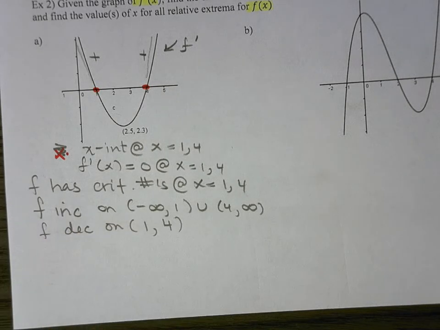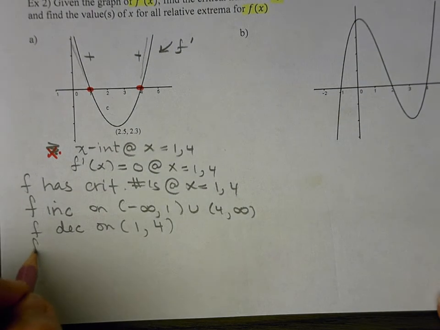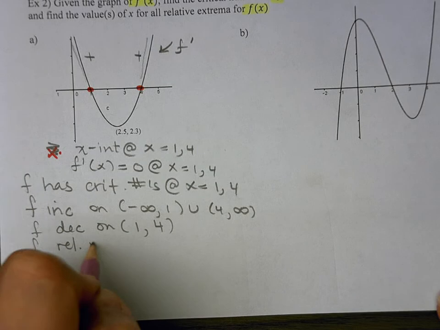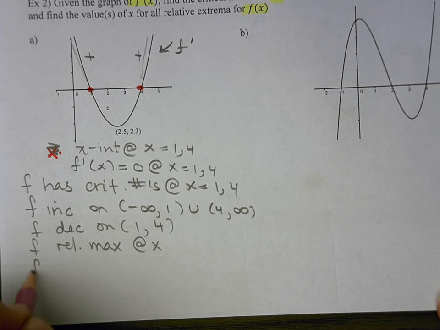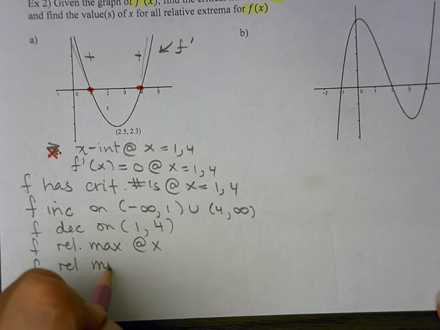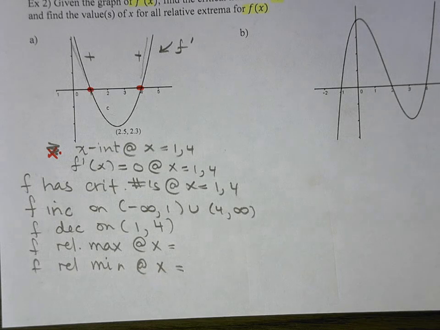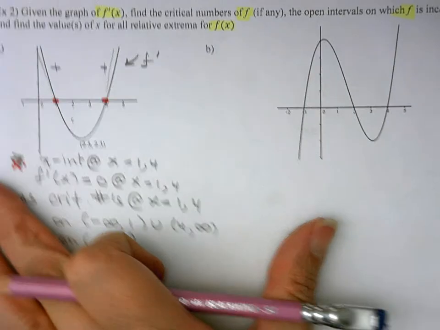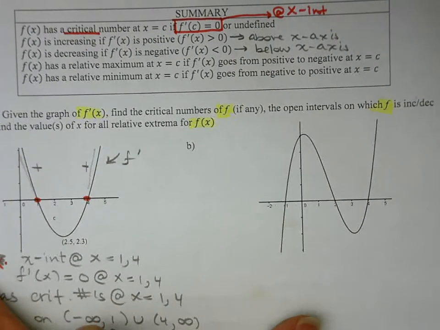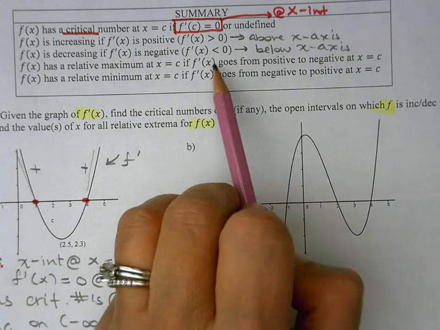All right, so now relative max and min. We know that f has a relative max, and we're also looking for the relative min. Again, we don't look at the picture for relative max and min, we look at the definition. We have a relative maximum when f prime goes from positive to negative.